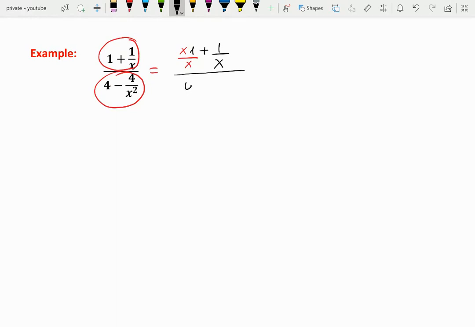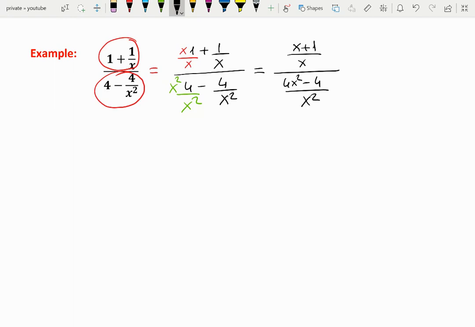In the bottom, 4 minus 4 over x squared. I have to multiply by x squared. So I have x plus 1 over x. And here I have 4x squared minus 4 over x squared.